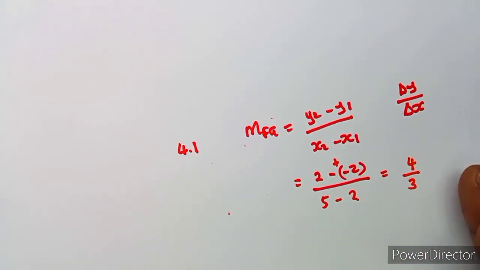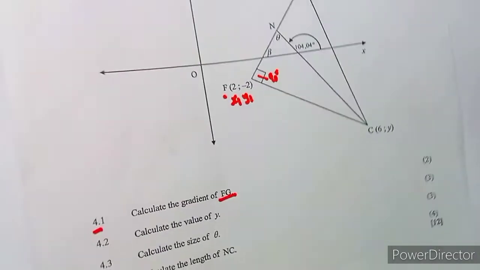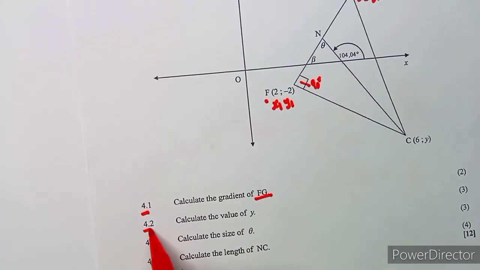So that's your gradient, 4 over 3. You can write it as a mixed number, but just like that is fine. Also, knowing how to simplify with your calculator can save you in the exam. Anyway, let's move on to 4.2.